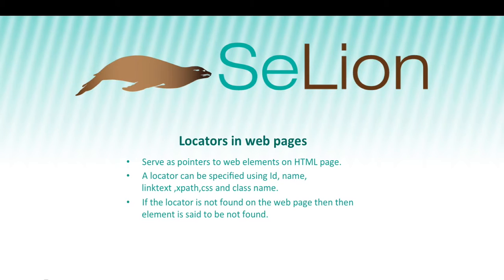Say for example, if there is a text field or a button on a web page, it will be designated with a locator which can be provided to Selenium, which in turn will find the element using that locator. A locator can be specified using ID, name, link text, XPath, CSS, and class name. So if by any chance the locator is not found, then the element is said to be not found and an exception will be thrown.